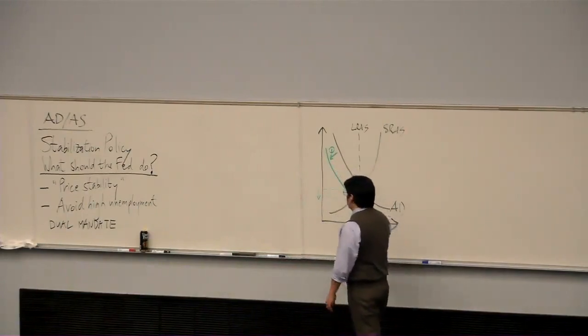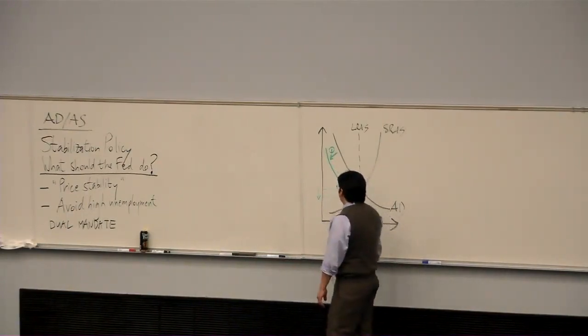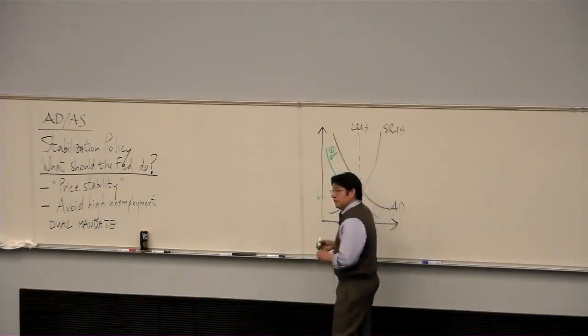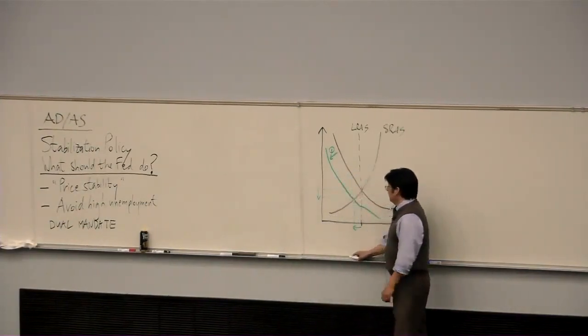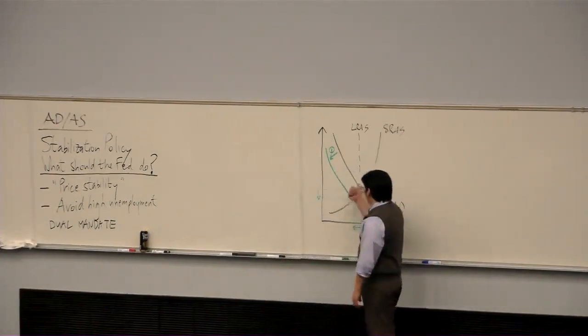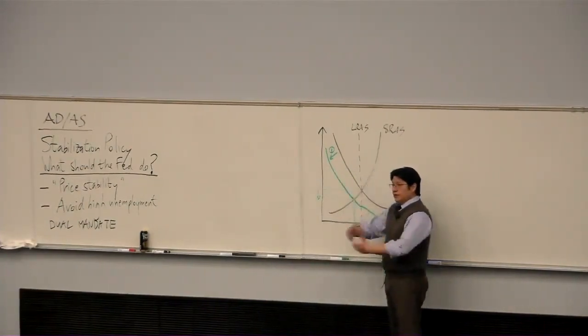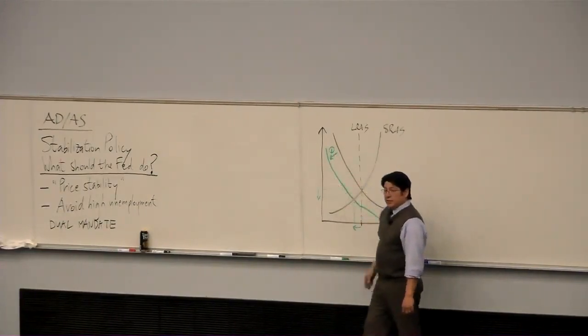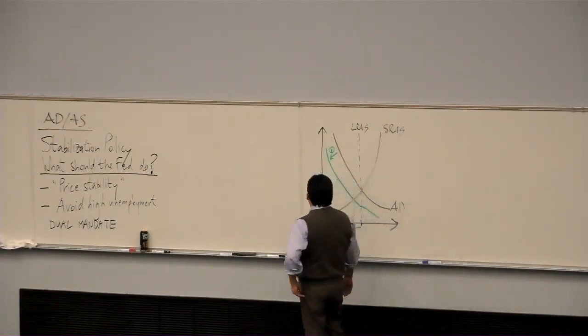The Fed has some power over interest rates, and some power over the supply of credit. Both of those show up here because the supply of credit and interest rates affect aggregate demand, because they ultimately affect spending.